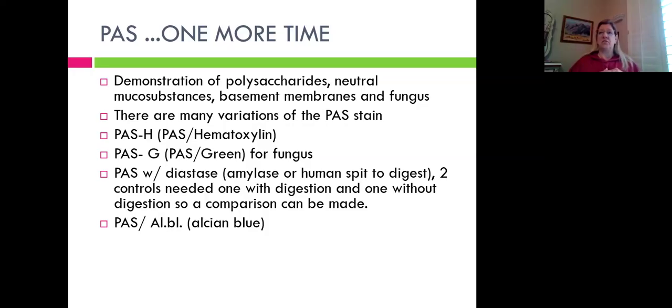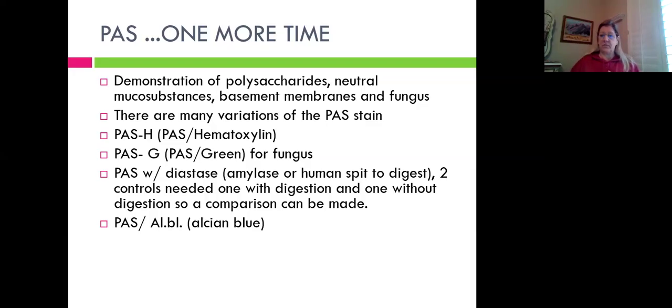When we're talking PAS-G, they're referring to the PAS with a green background stain. When we're talking PAS-F, they're just referring to that exact stain, but they're calling it the PAS reaction with a particular tag for the fungus, which the PAS is tagging as well. So those are the exact same thing.